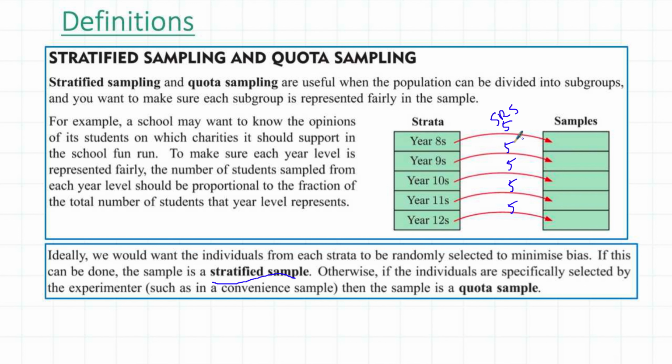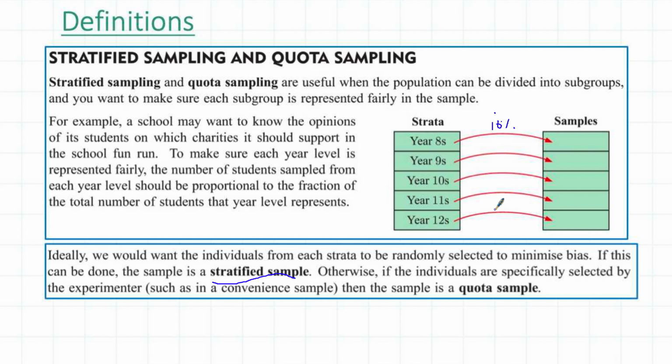Now, if you are trying to select the people from each group, but you're trying to maintain the proportion of the population. So for example, year 8 students represent 10% of the full school population. So you want 10% of the year 8 strata, and so on.